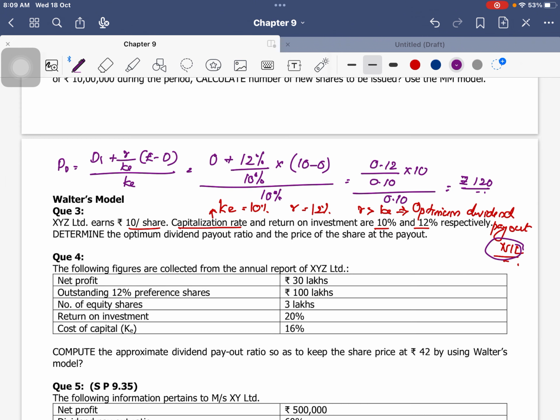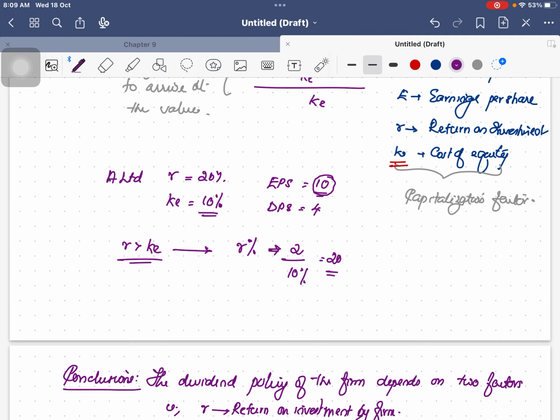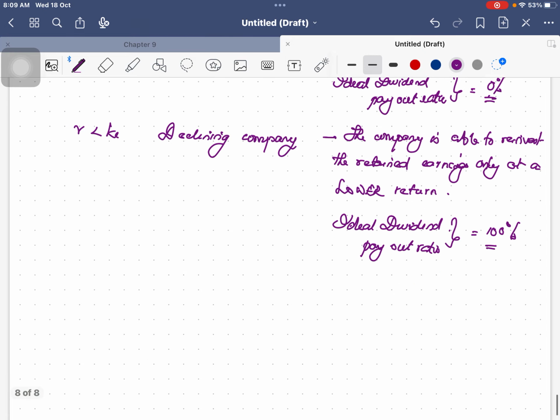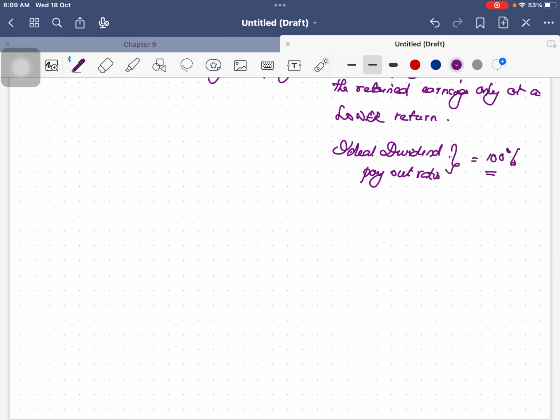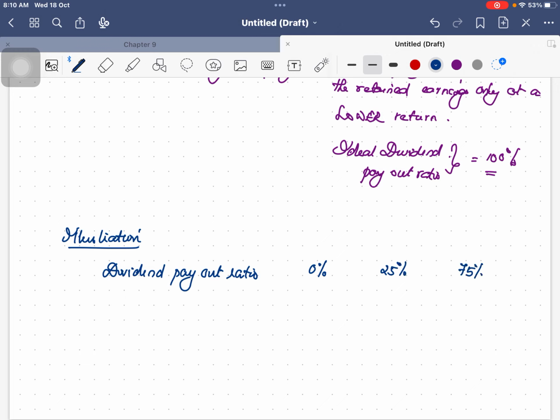Now you can prove this by taking different payout ratios. Let's take it this way. Illustration: dividend payout ratio, let's take 0%, then 25%, then 75%, 100%.